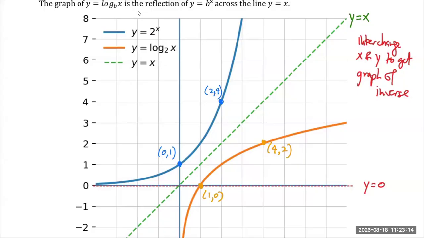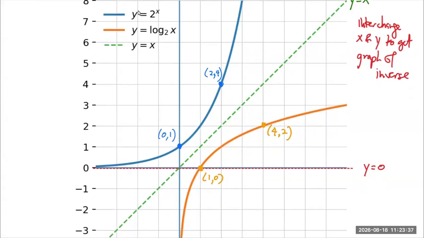Now you ask yourself, what happens to this horizontal asymptote when we interchange x and y? Well, that would mean you're going to replace this y with an x. So you're going to get x equal to 0. And x equal to 0 is the graph of a vertical asymptote.